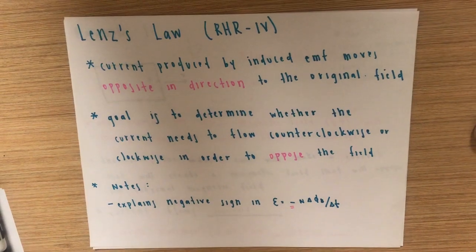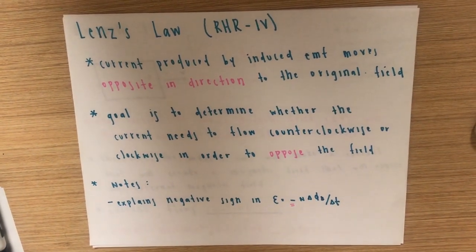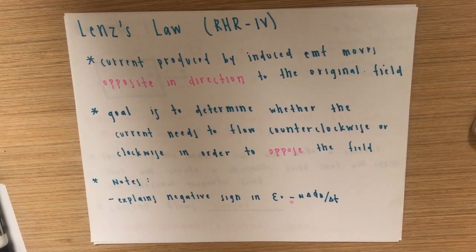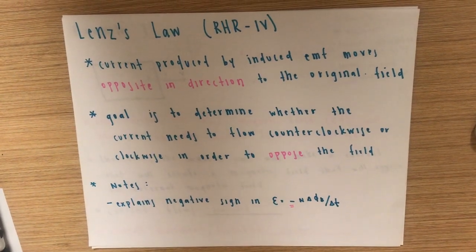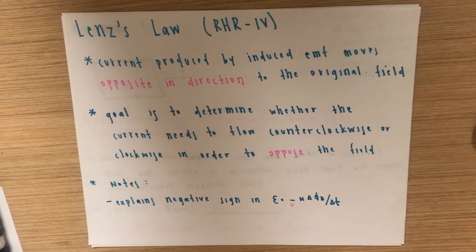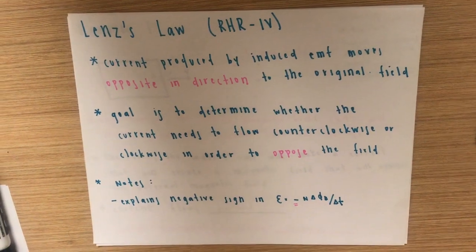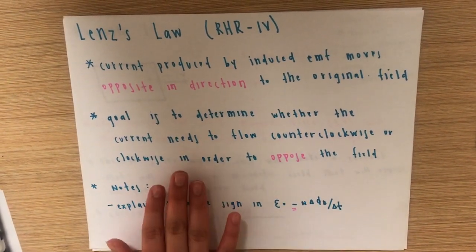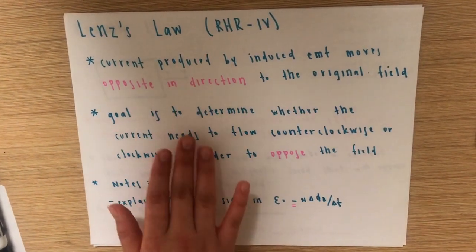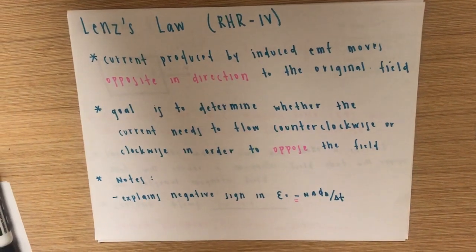And the goal is to determine whether the current needs to flow counterclockwise or clockwise in order to oppose the field. My examples will hopefully help solidify these two things in your mind.